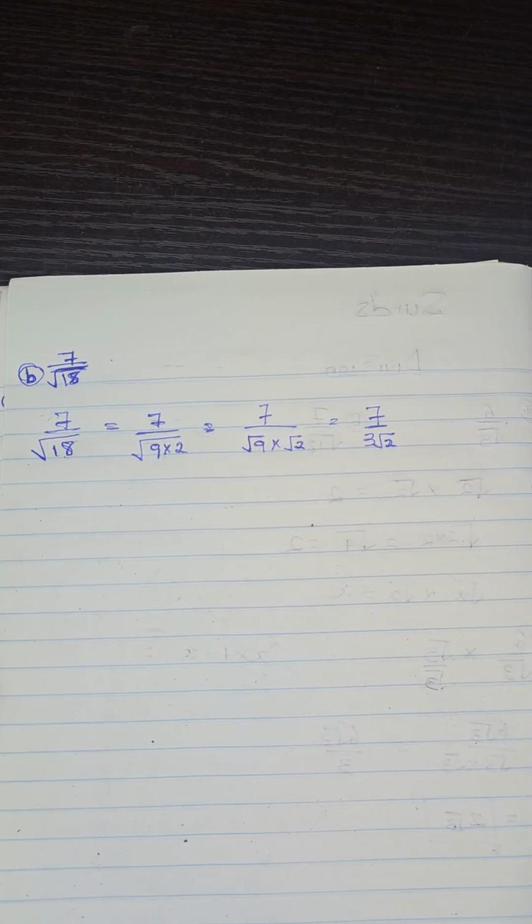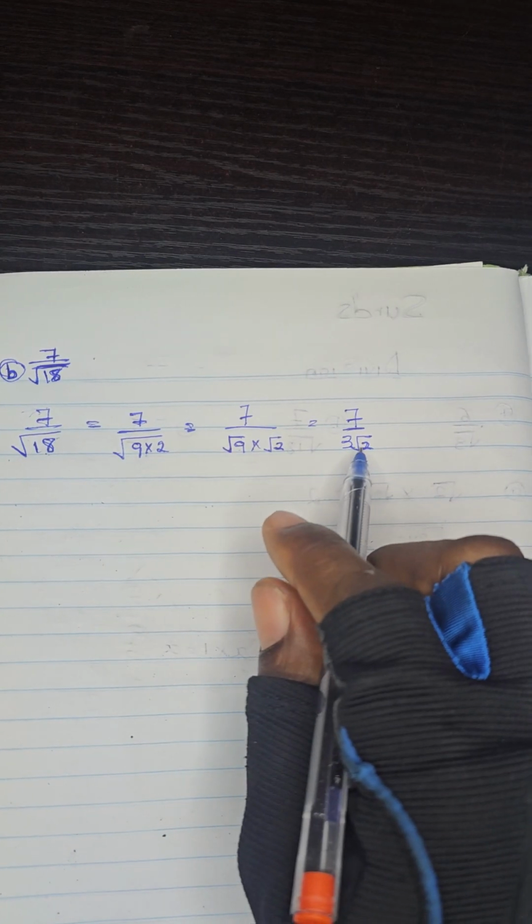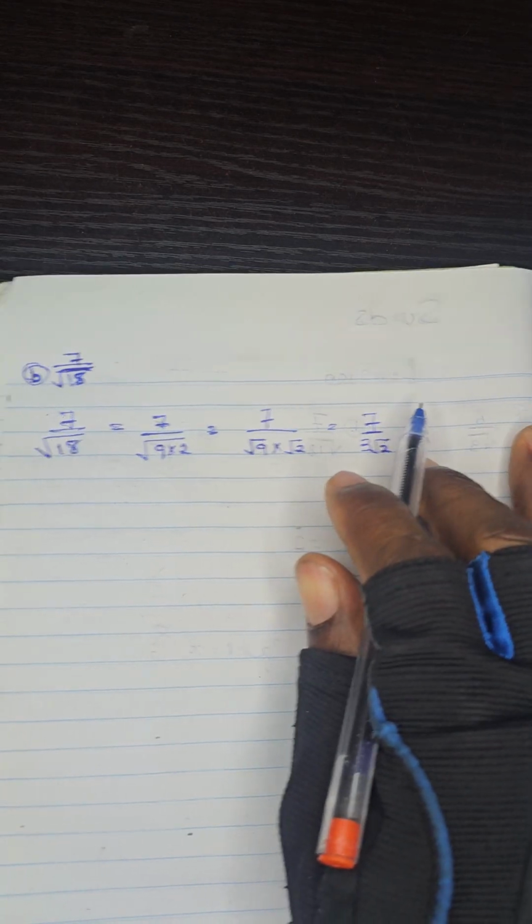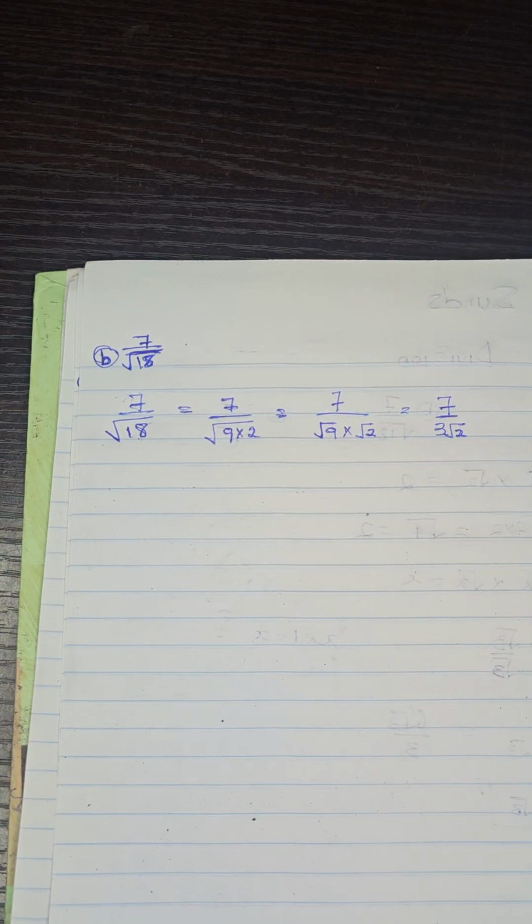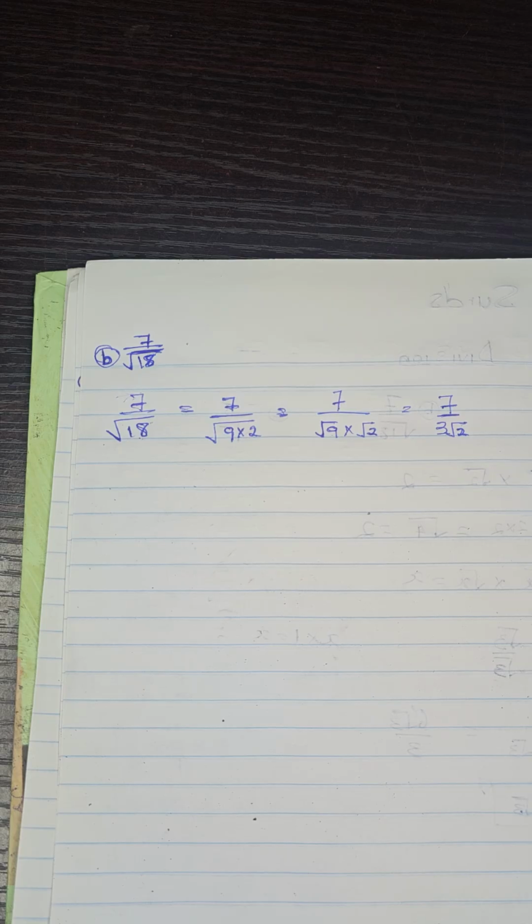So this has been simplified. This is now what we are going to rationalize. So take note of that. If you can still simplify this surd, simplify it first before you start your rationalization.